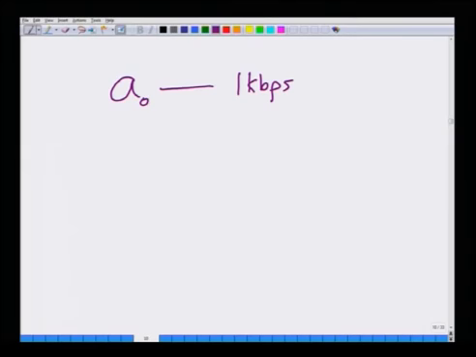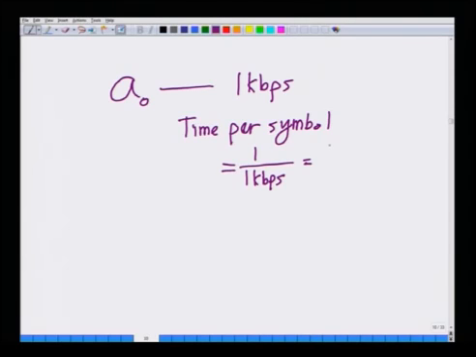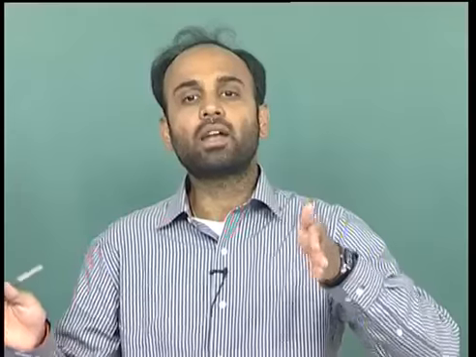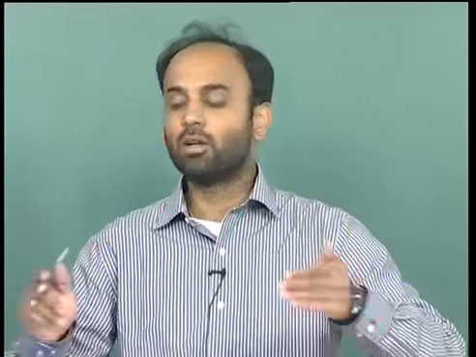Then we know that the time per symbol equals 1 over 1 kilobit per second equals 1 millisecond. For every 1 millisecond I am transmitting a different symbol, hence in 1 second I am transmitting 1000 symbols, that gives me 1 kilobit per second.